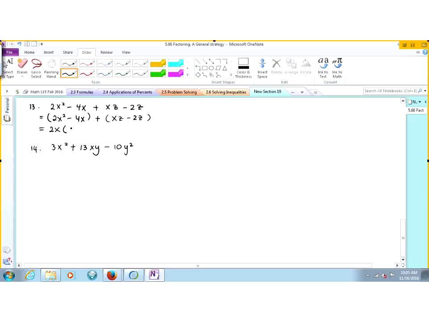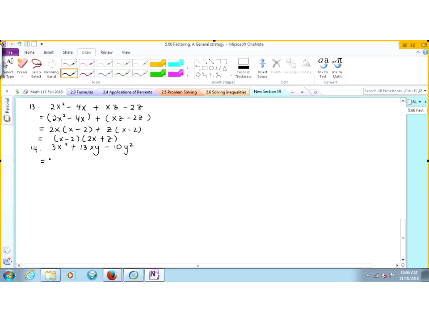What is it? 2x times x minus 2. Yes. Do I have a common factor here? z times x minus 2. All right. Now, do I have a common factor here? x minus 2 times 2x plus z. Yeah? 2x plus z.